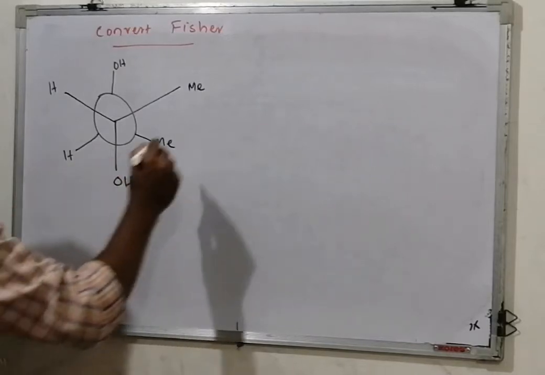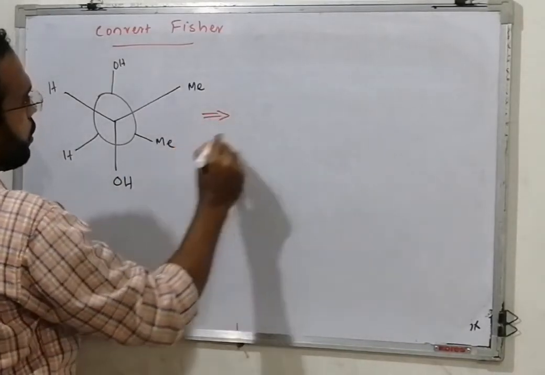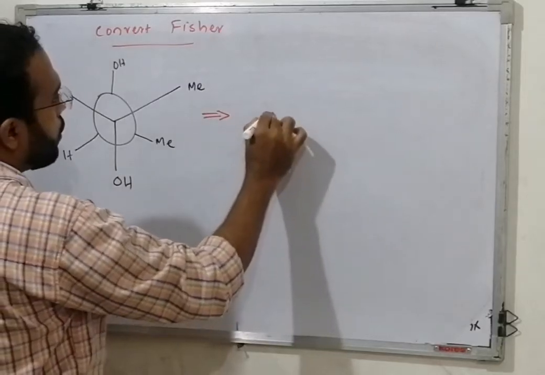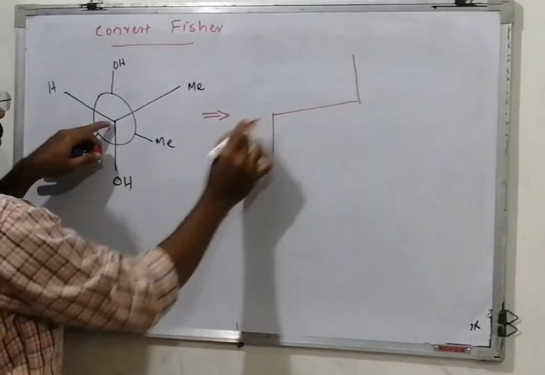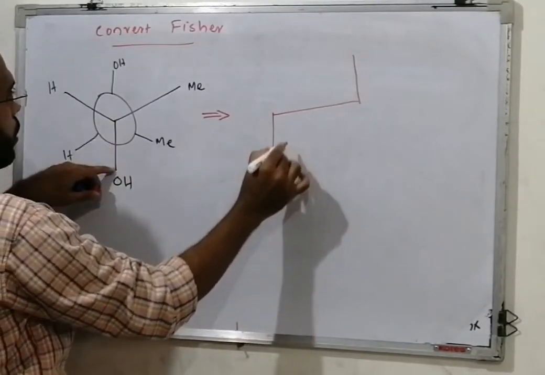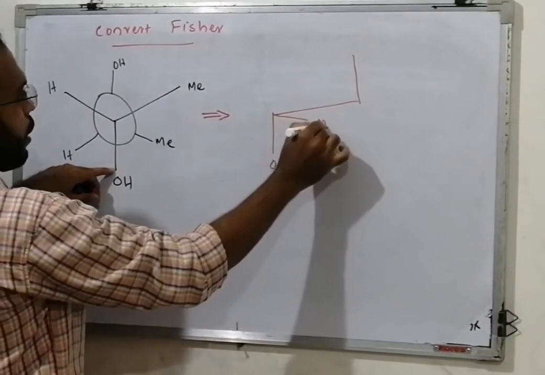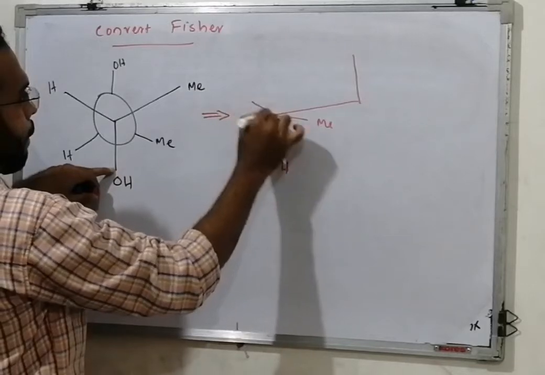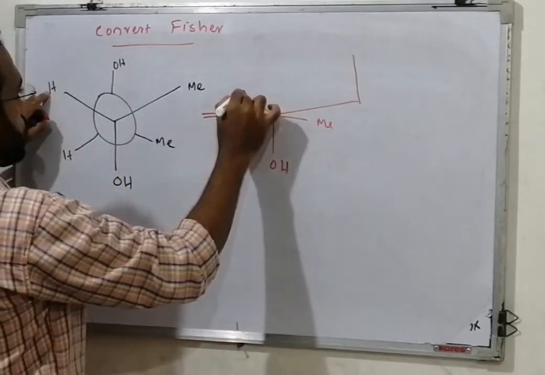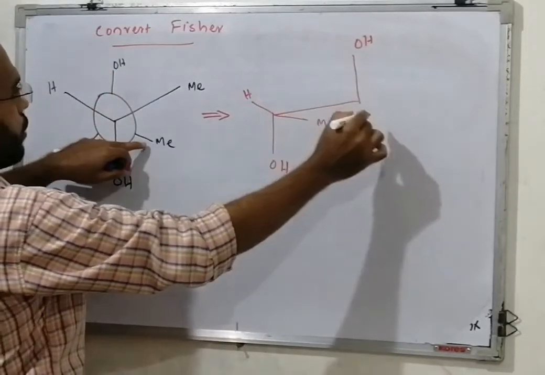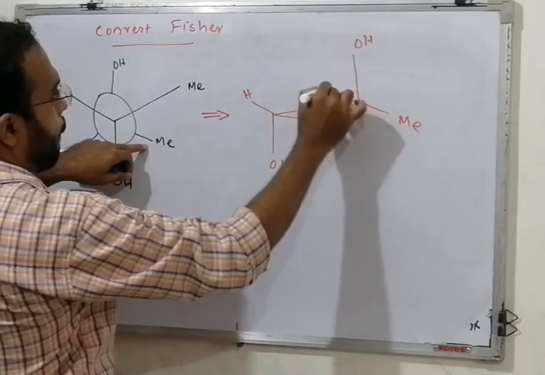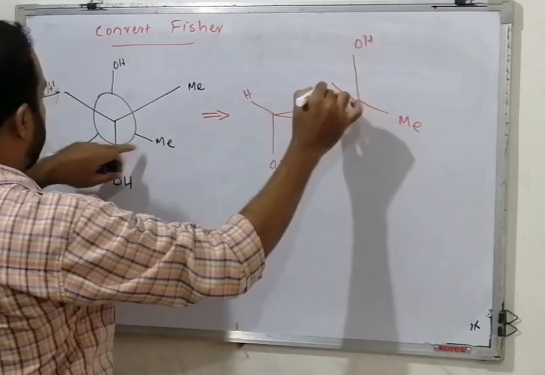First you draw its Newman. Staggered one, therefore it's Newman like this. Suppose this is the front OH down, Me, H. This is the back carbon: OH, here Me, and here H.